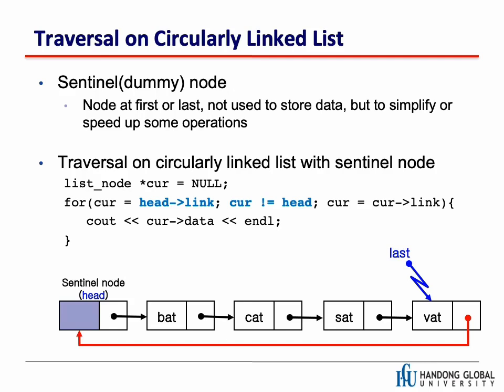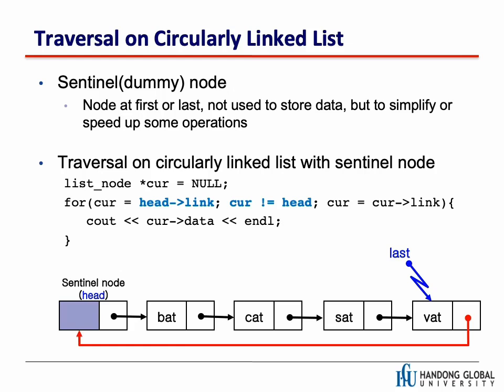Let's implement these traversal operations with this sentinel node. We have a list node pointer car, and it starts from head link. Head link means the bat node. We print out bat, and we check if car is not head.